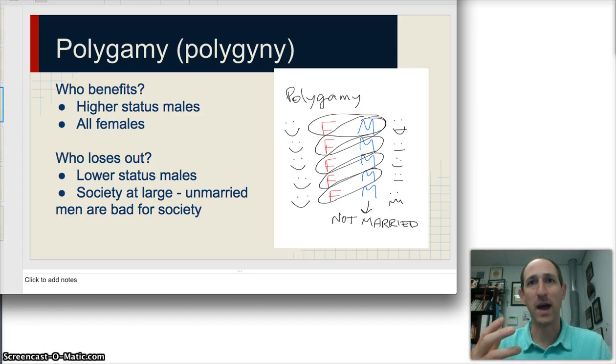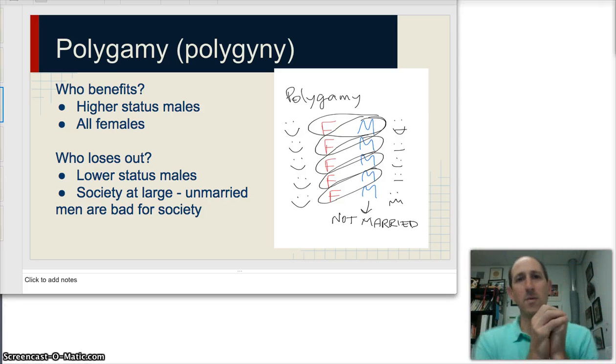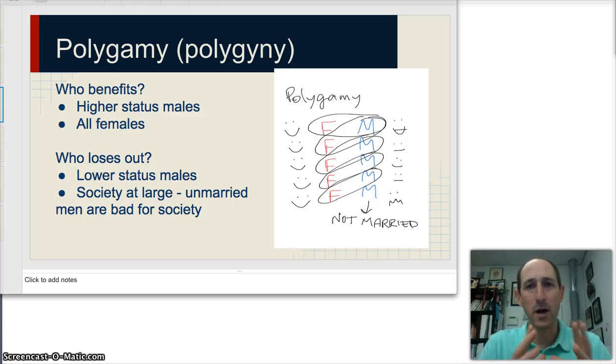The other question you ask then is, what happens to these males who aren't married? Robert Wright goes into detail in the book about unmarried males. And what we know about unmarried males, generally speaking, is that they commit crimes, that they're violent, that they're dangerous, that they are agitated, that they're likely to get involved in rebellions and revolutions.